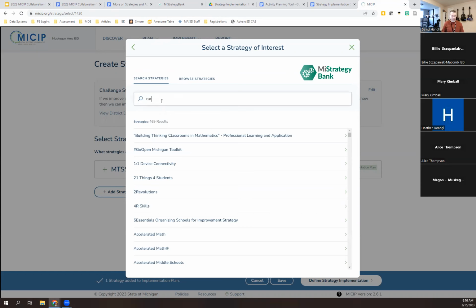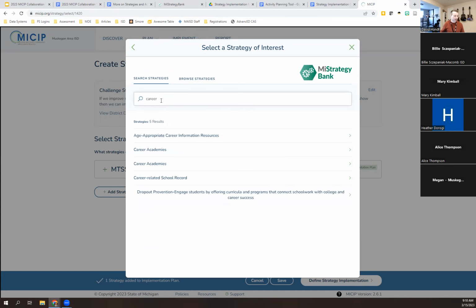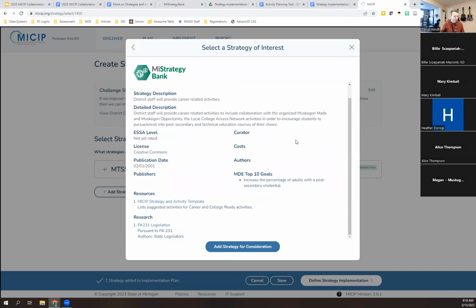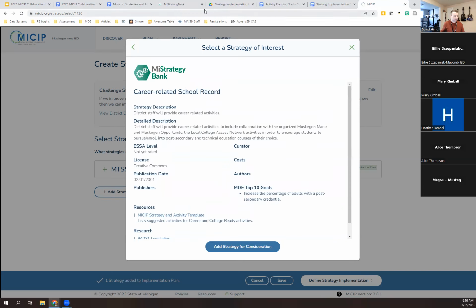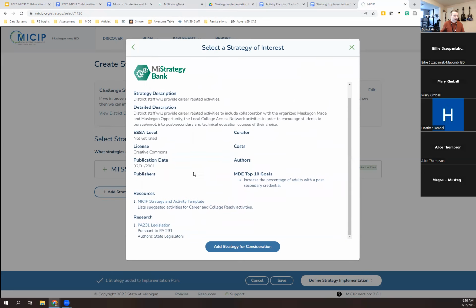So I can come in here and search for career, and this career related school record is one of the strategies that we added. I can click on that, and you can see this was everything that I just showed over in the strategy bank. There's the title, the description, where it connects to the top 10 and 10 goals, and our strategy and activity template that we're going to show in our next session is linked here.